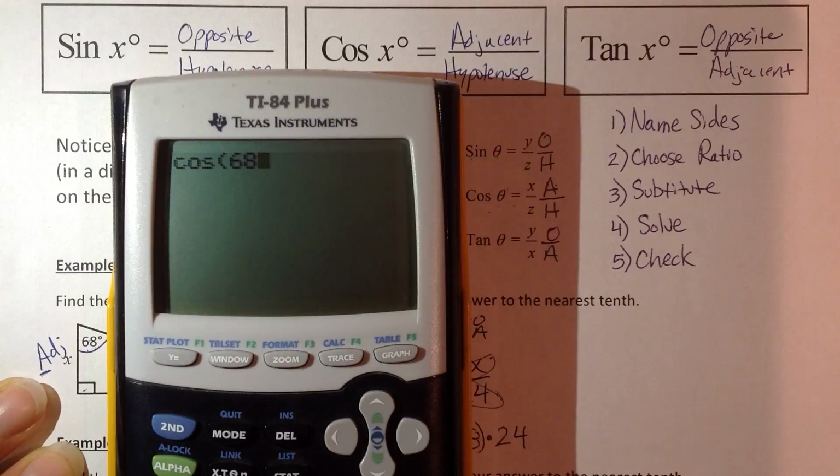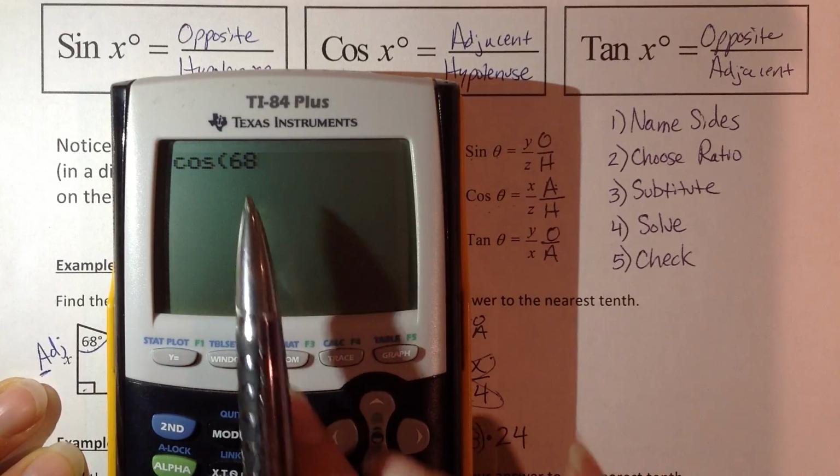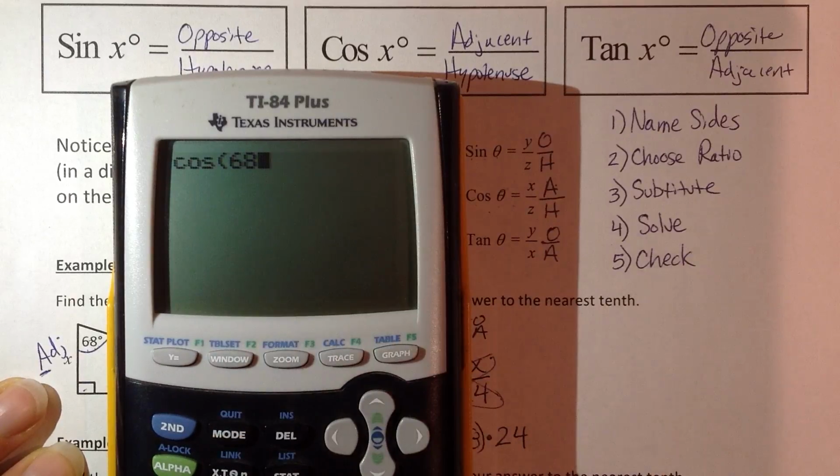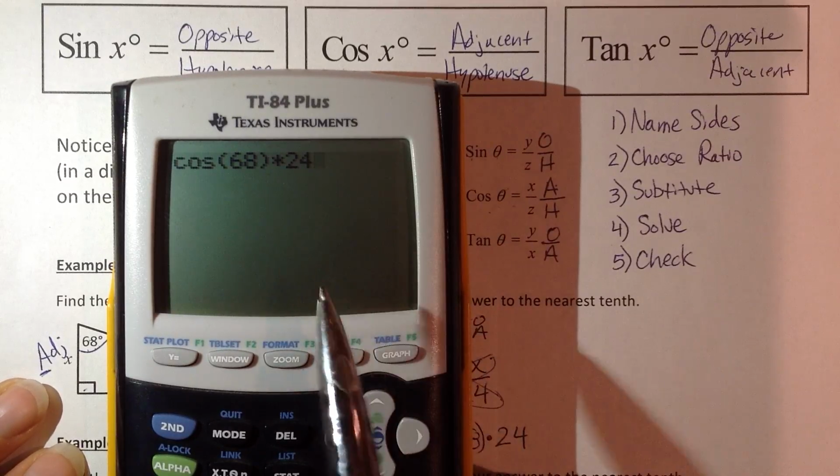Cosine 68, and they hit times 24, and your calculator is going to multiply those numbers first. So here's what you have to do. Close your parentheses. Super important. If you don't do that, the order of operations will not be followed. Well, the calculator will follow them, but you're not following them if you don't close that parentheses. Okay, enter.